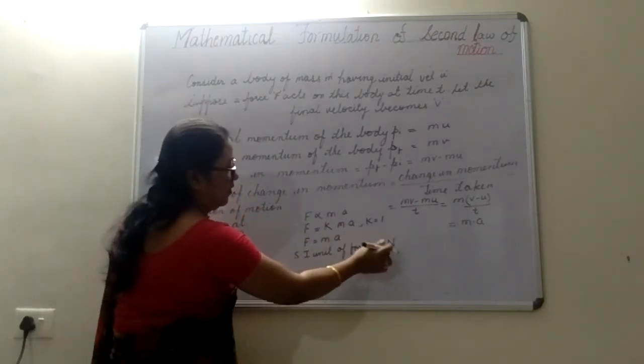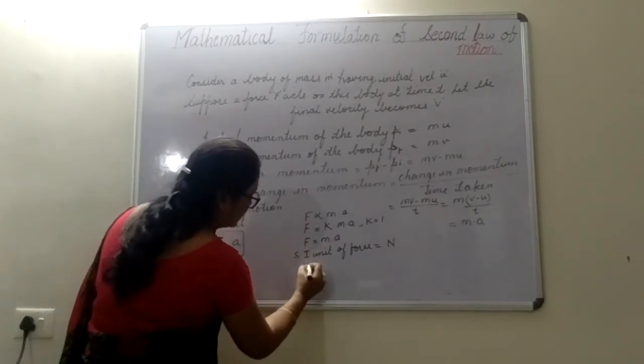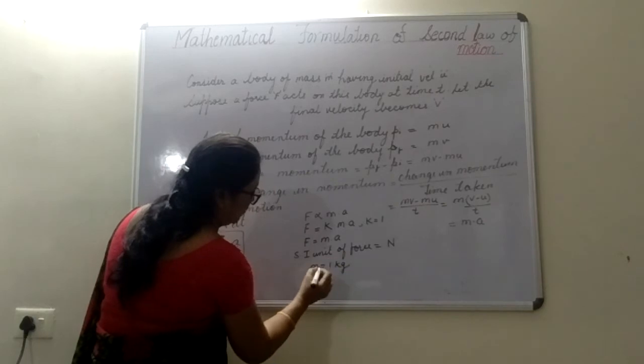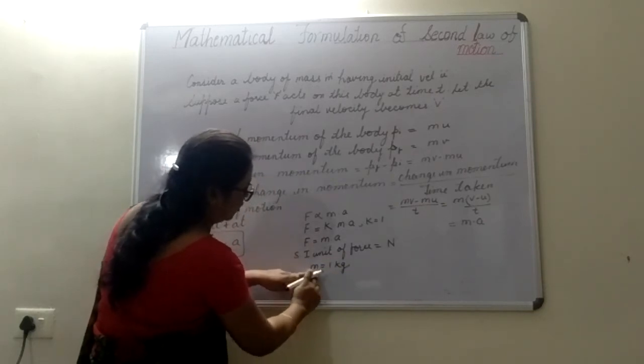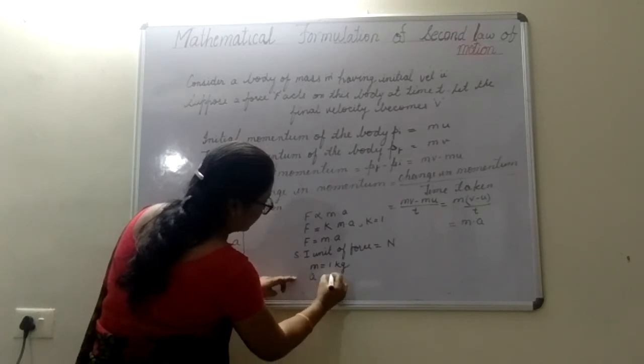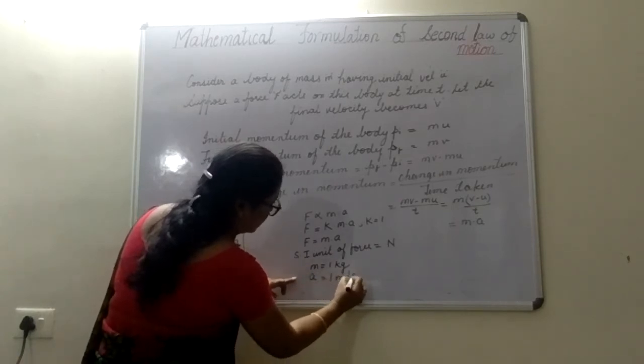Then the value of F will be equal to 1. Here mass will be equal to 1 kg. Force required to move an object of mass 1 kg with an acceleration of 1 meter per second square.